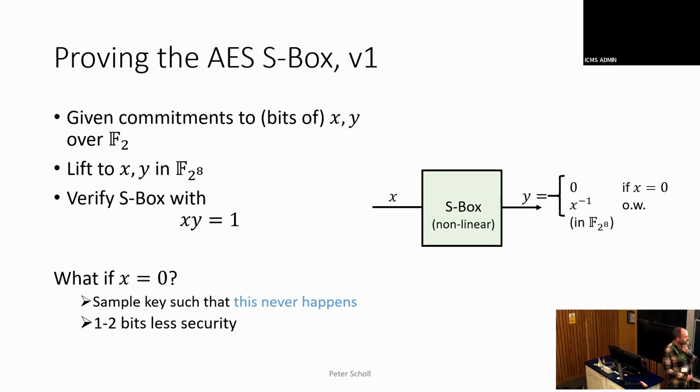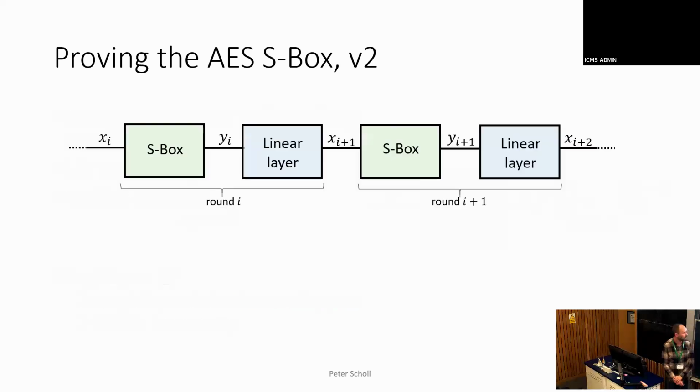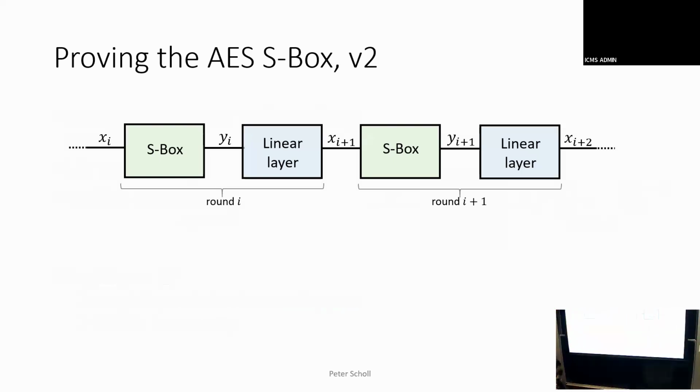Yeah. So there's an alternative approach which avoids this non-zero S box issue, but is also a little bit more heavy-handed. But I think it's a nice example of this high degree polynomial relations that I mentioned that you can do in VOLE-based zero knowledge.